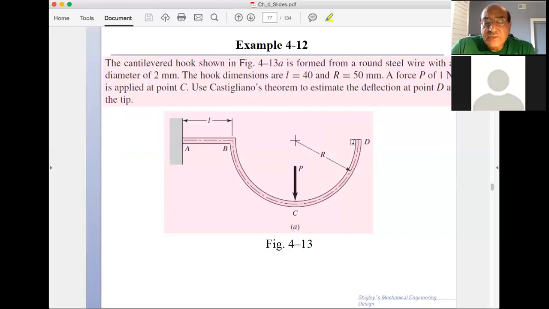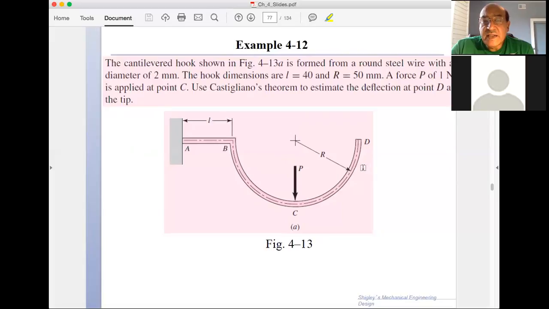So we would have a horizontal Q at this edge, and then do exactly the same thing we did, but with a horizontal Q. Then the answer we get will be the delta at the tip D due to the horizontal fictitious force, because the deflection is computed in the direction of the force. So here we have decided that the force direction is horizontal, and that gives us a deflection in the horizontal direction.